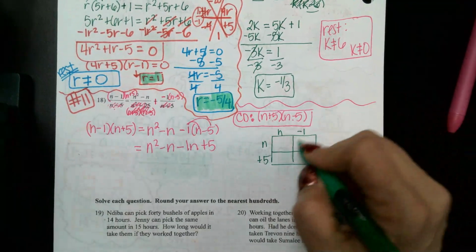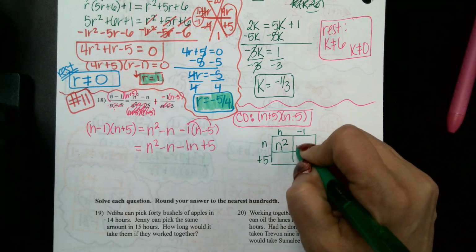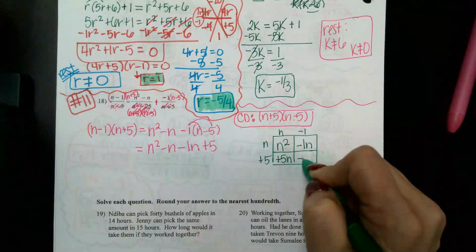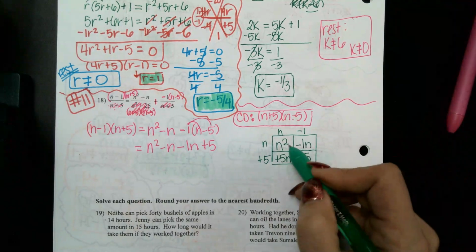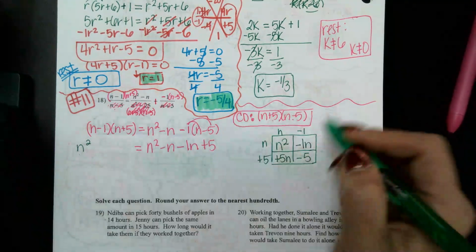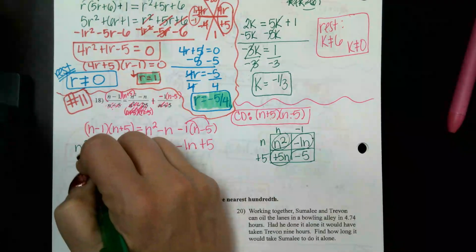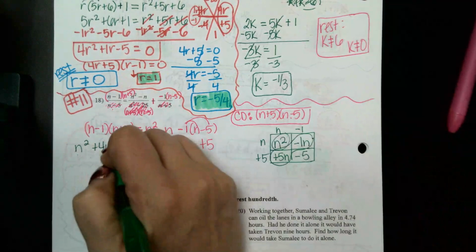What does that give us? N squared minus 1n plus 5n minus 5. Okay, so the n squared goes first. And then if you do 5 minus 1, that'd be a plus 4n, and then minus 5.